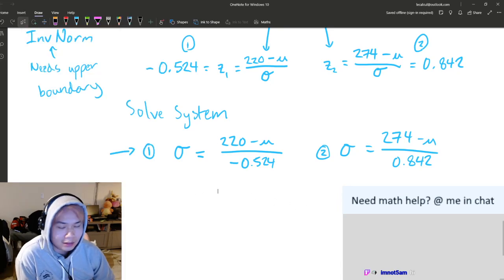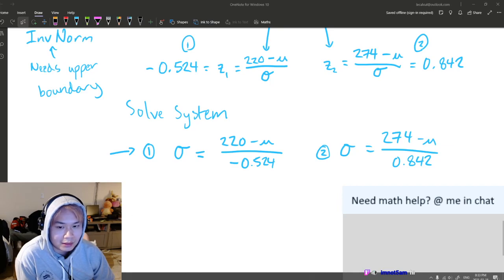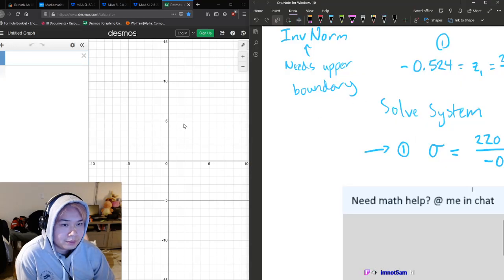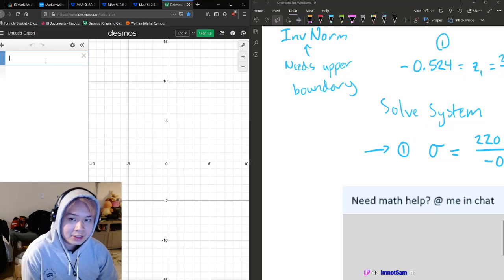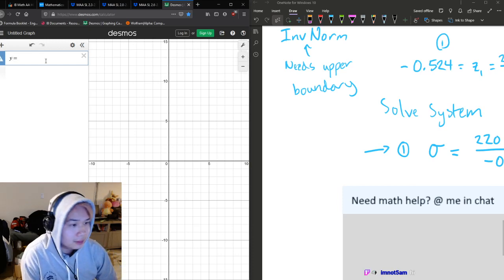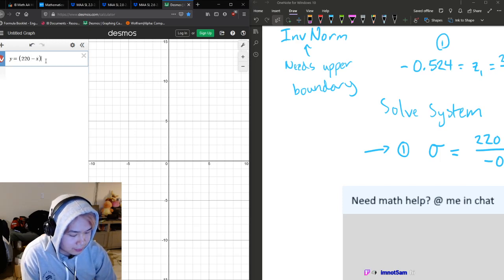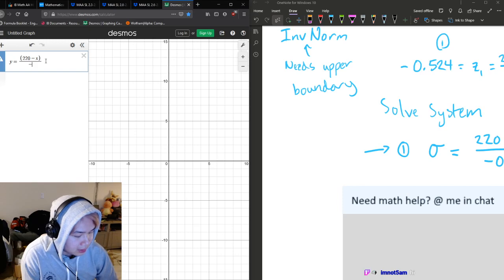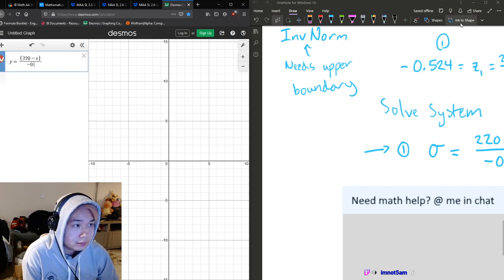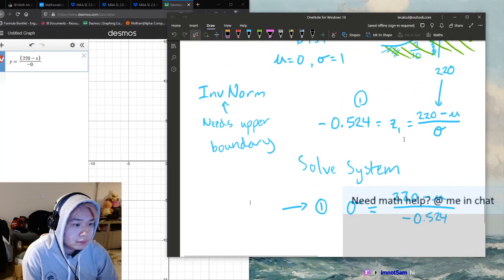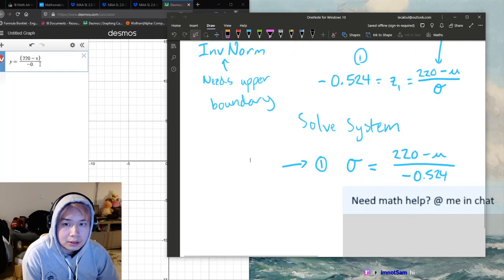And you know what? I'm cheating because, of course, I'm on a computer, so I have superior ways to graph things. So let's see, y equals 220 minus x over negative 0.524.